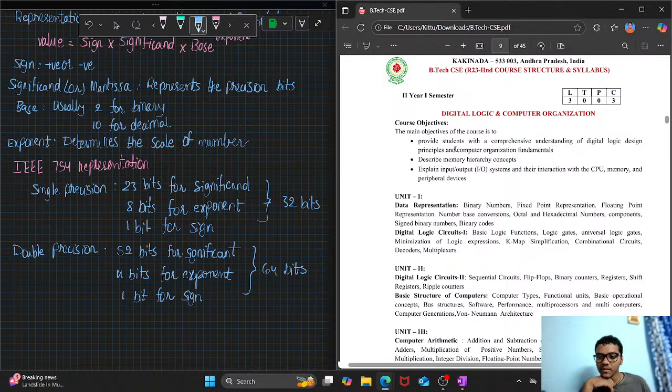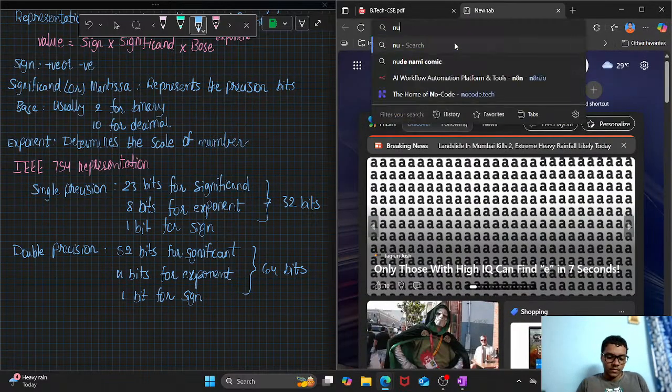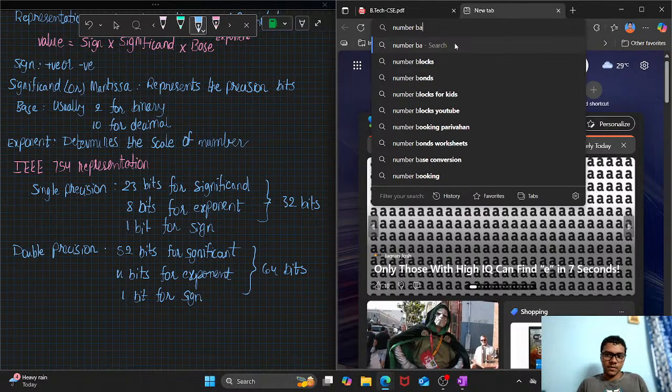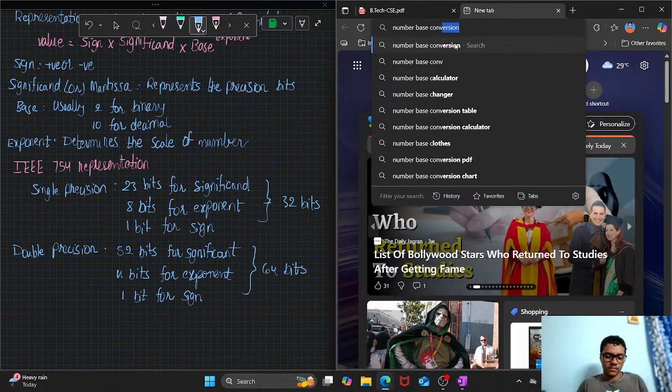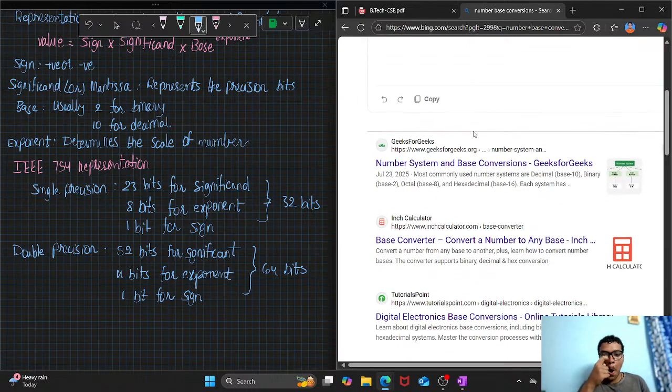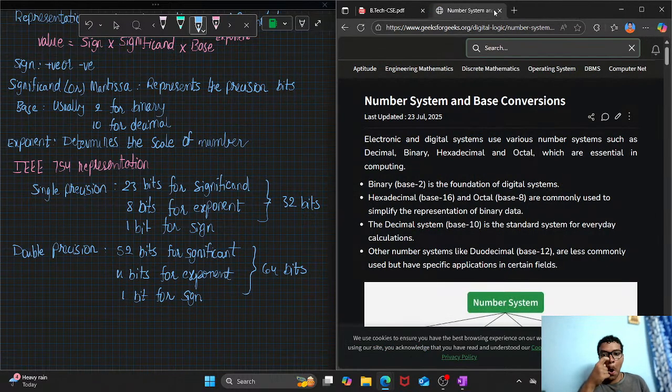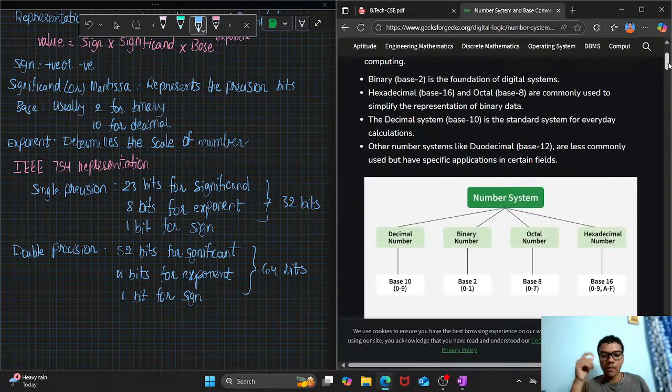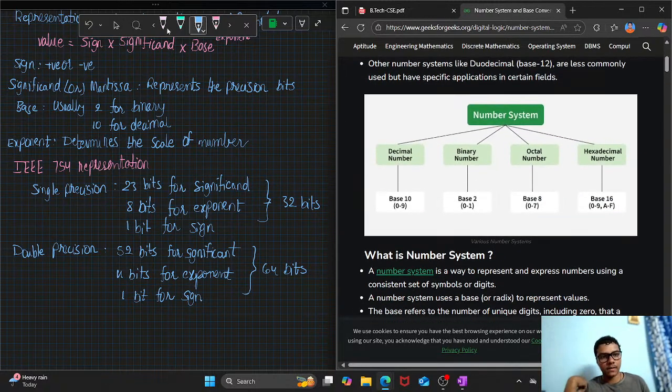Number-base conversions. Okay, the classic thing.